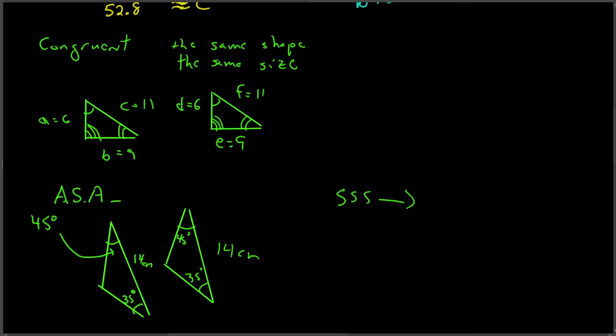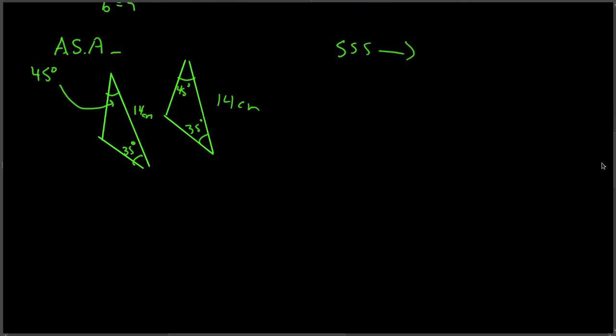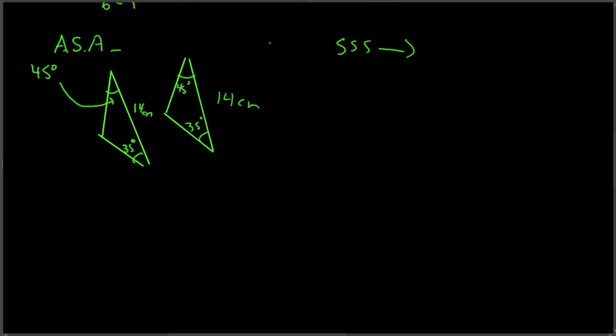We had all three sides equal, so we know these triangles are congruent. Notice how I'm comparing three things in the triangle to make sure they are the same. And the other way we can get this is side, angle, side. So let me draw my triangle here.